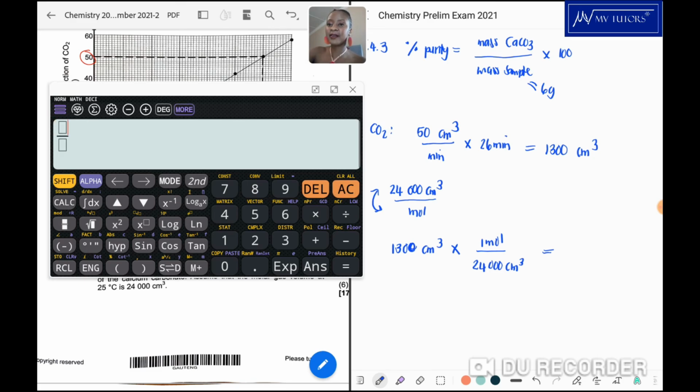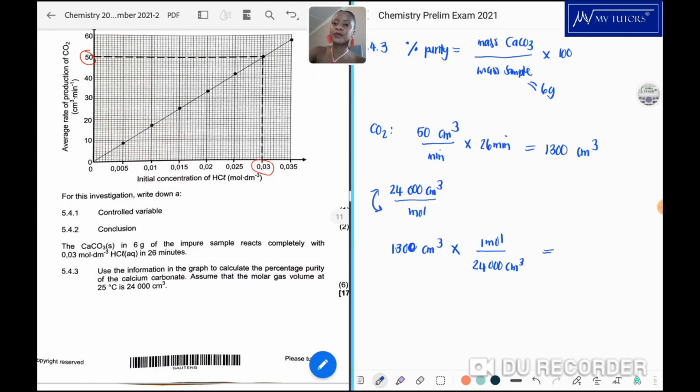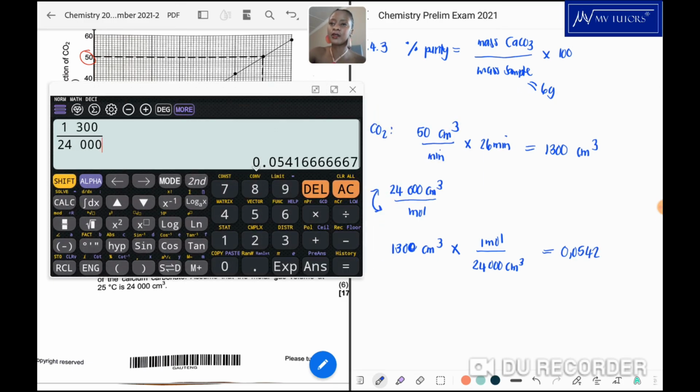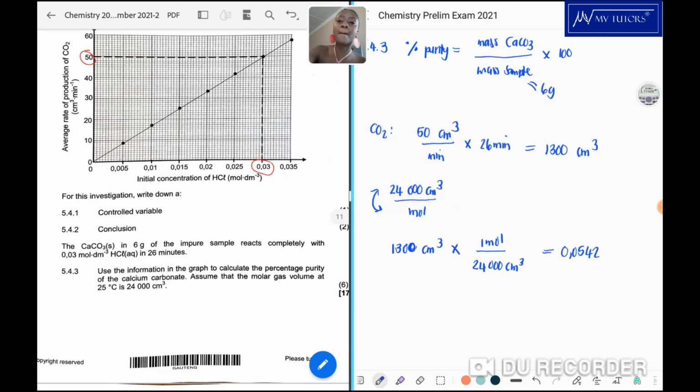So we have 1,300 divided by 24,000, and that is 0.0542 mole of carbon dioxide. Okay, so we have the number of moles of carbon dioxide.